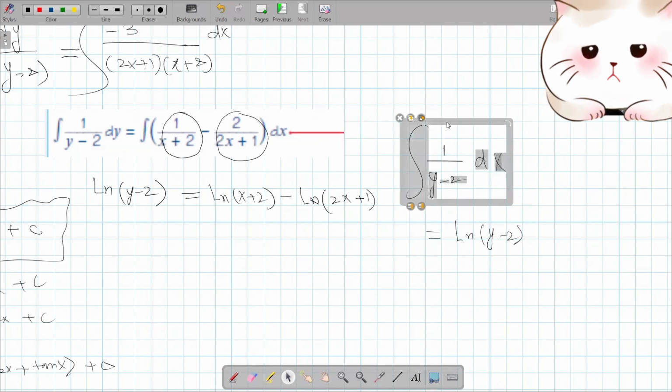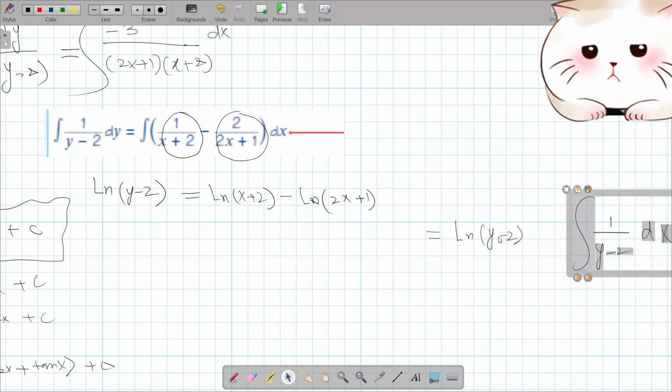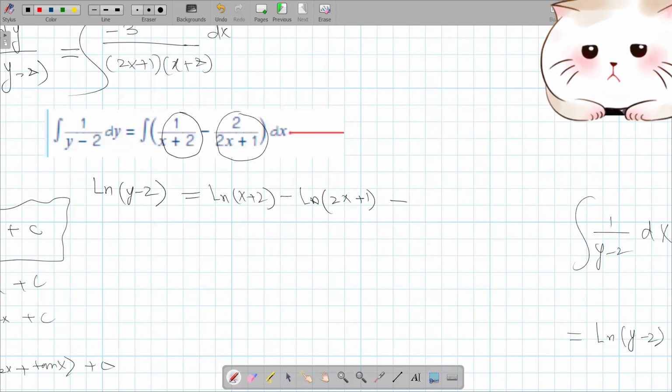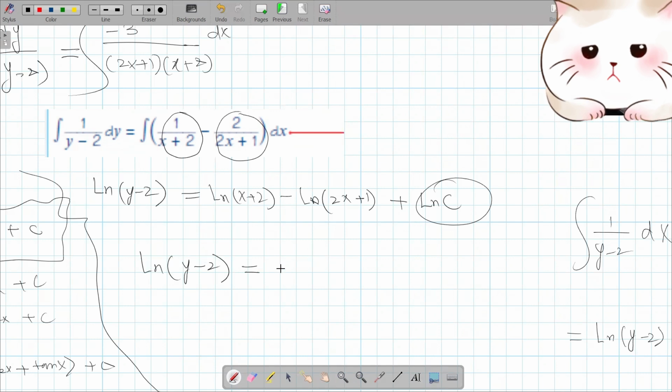Everything is in logarithm, so you can combine the logs on the right hand side. But what is the constant? You have to give the constant of integration. Should I add c or log of c? ln c is the constant of integration here. So let's eliminate the logarithm from all of them.